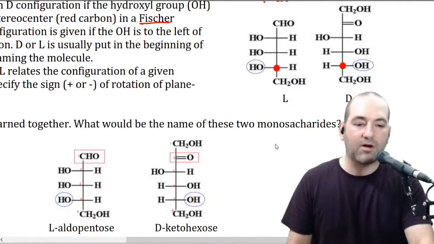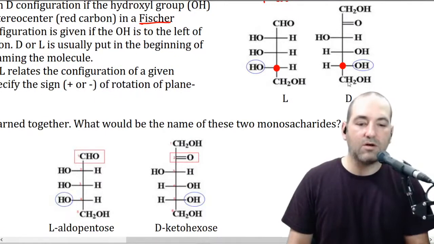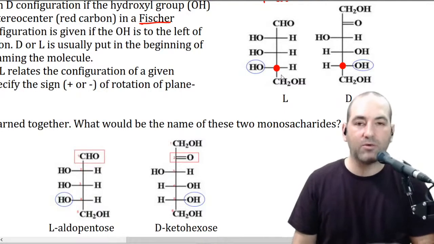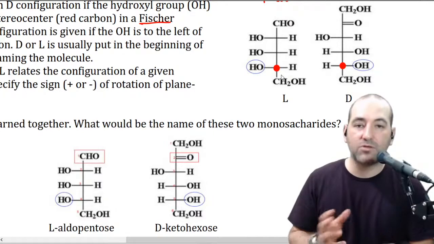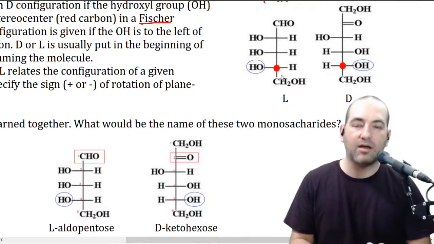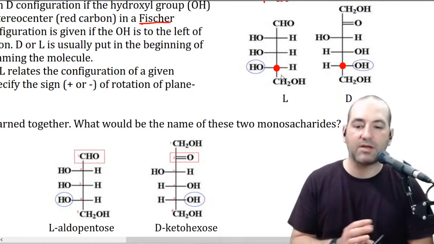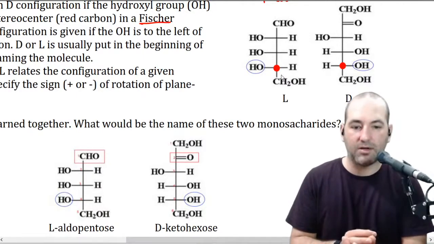The very bottom carbon, the one with the CH2OH, is not chiral because it has two H's connected to it. And remember, if you have two of the same things connected to a carbon, it's not chiral anymore because you can superimpose its mirror image.